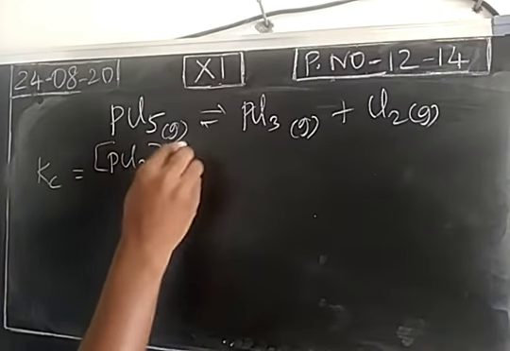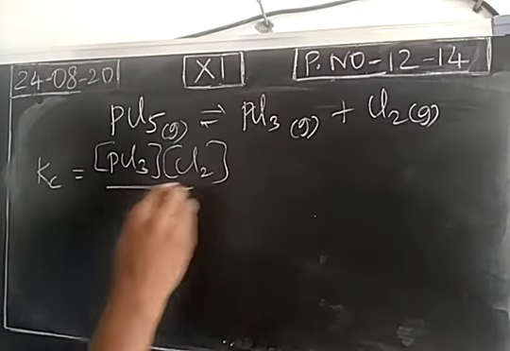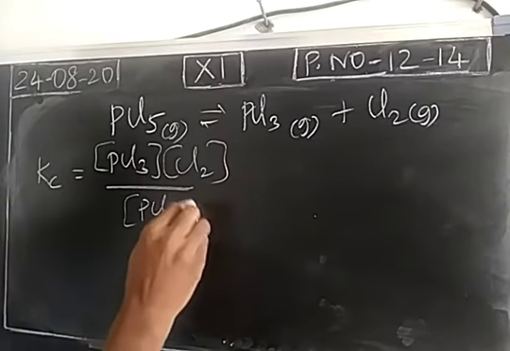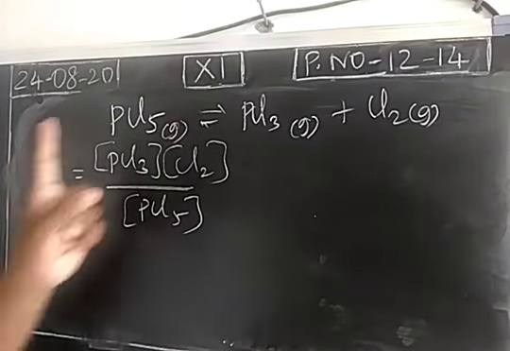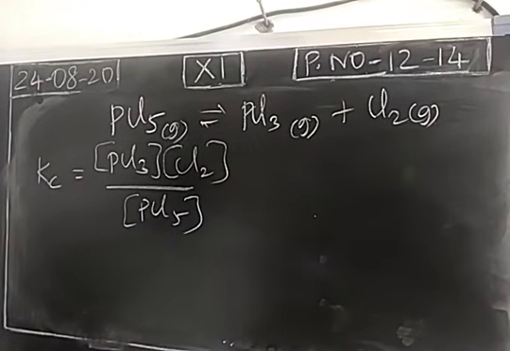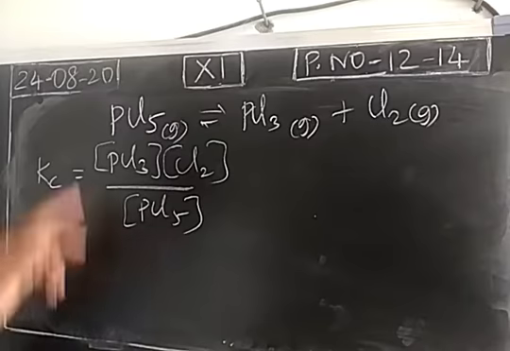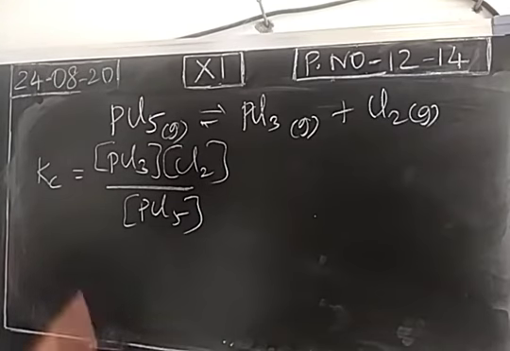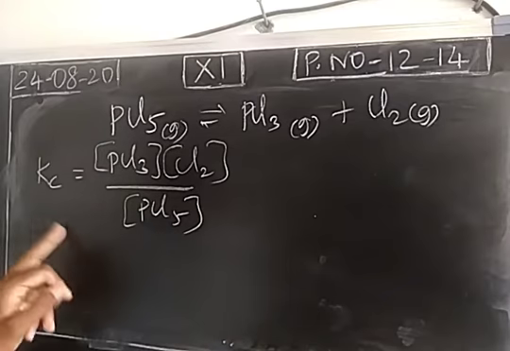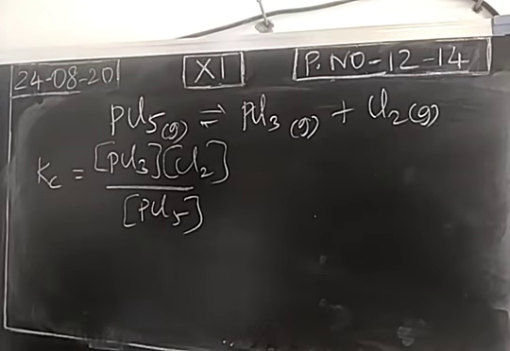So PCl3 times chlorine divided by PCl5. We consider only the forward process. Forward process is the dissociation of phosphorus pentachloride. Backward process is the formation of phosphorus pentachloride. We consider only the forward process so that the Kc value is written.